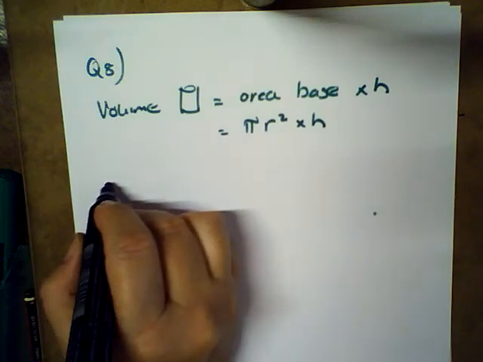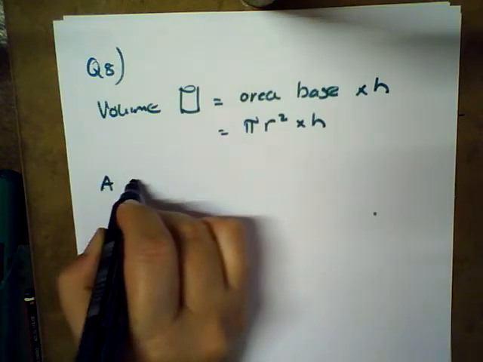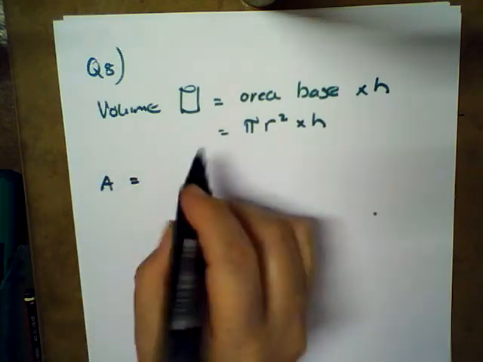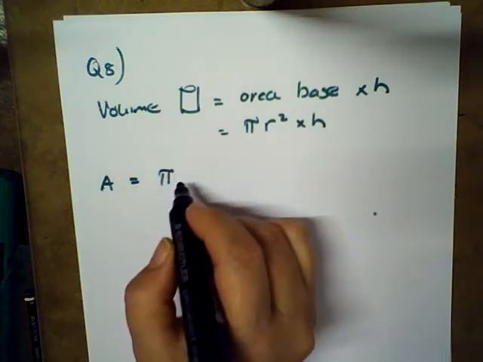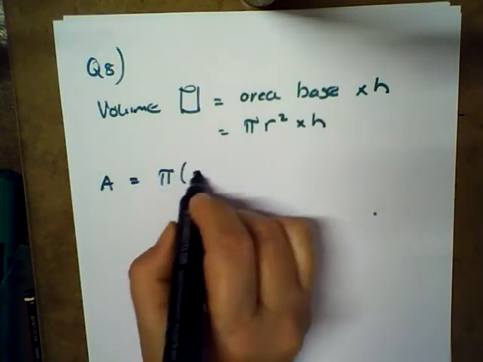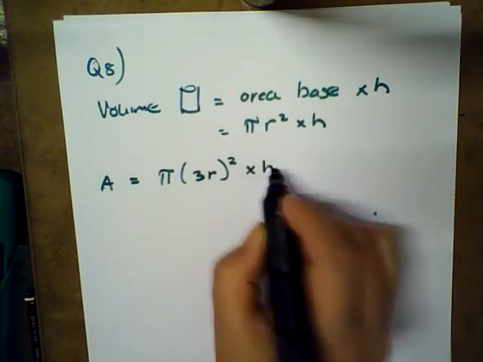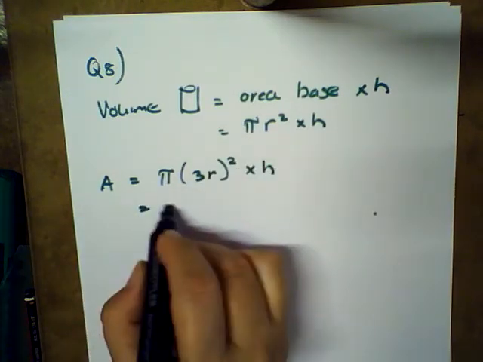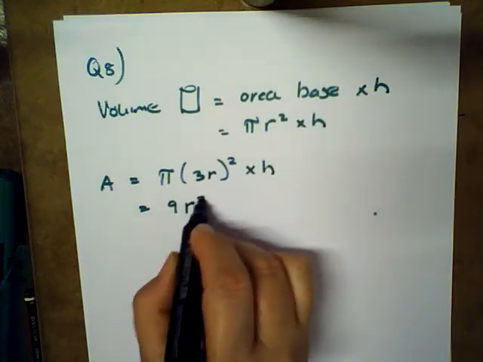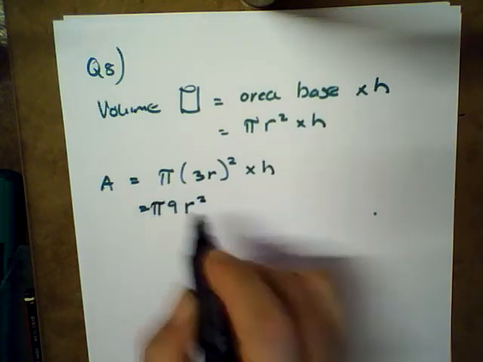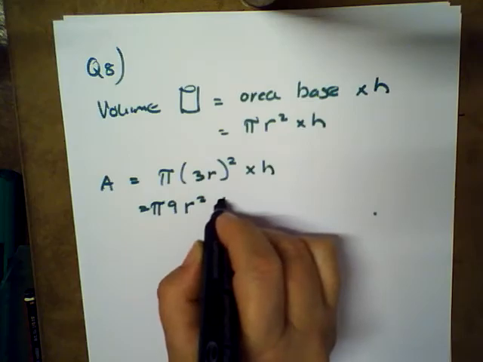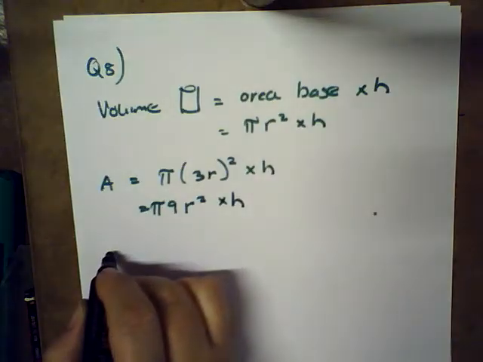So for the volume of A, pi stays as it is, the radius is 3r squared, and my height is just h. That gives us pi 9r squared h, and that's A.